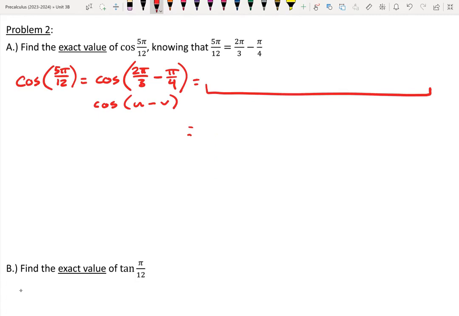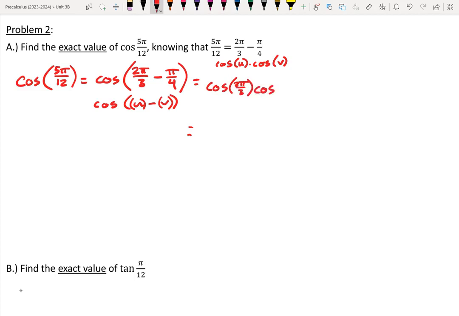Okay, one thing that came up I want to point out here, when we do cosine or any subtraction like this one, we have the u minus v. In the formula, that is u minus v, and when we write it out, that is cosine of u times cosine of v, not negative v. Okay, so when we write it out, that is going to be cosine of 2 pi over 3 times cosine of not negative pi over 4, but just pi over 4.